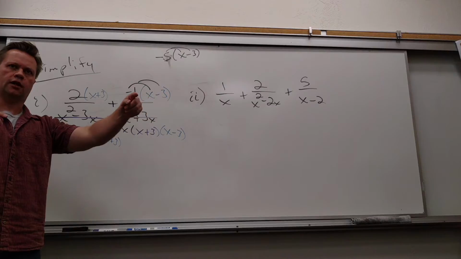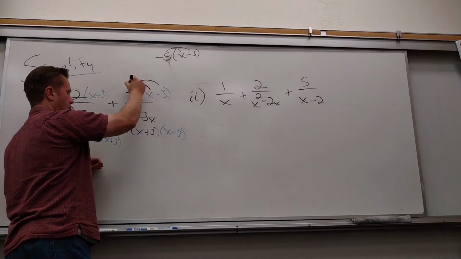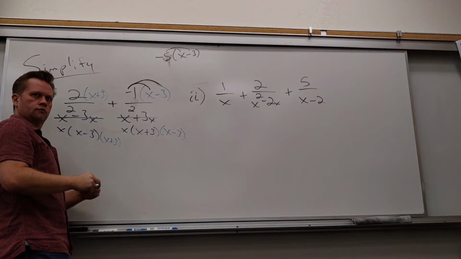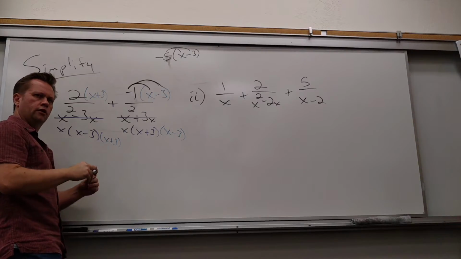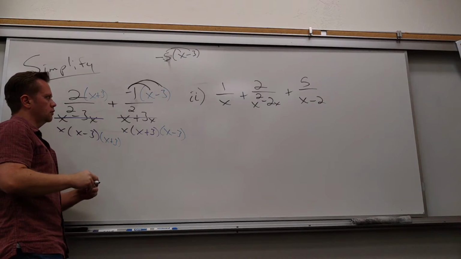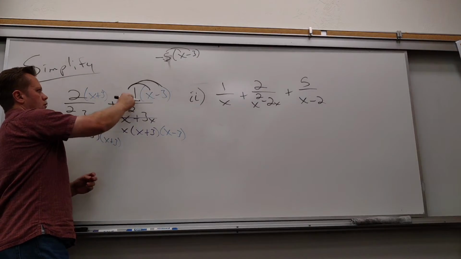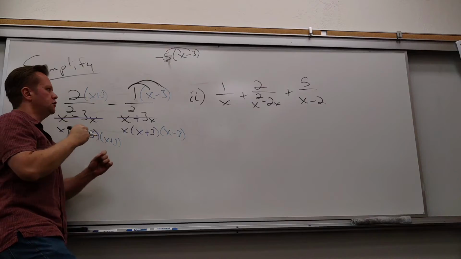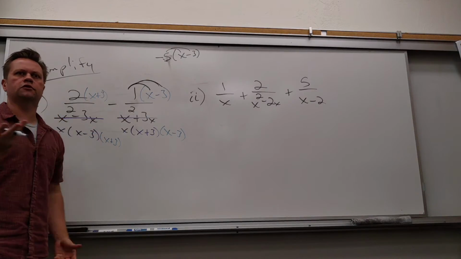Now I'm going to distribute the negative to both of these. Wouldn't you first, when you change the sign, change all the signs of the top? When you're changing the signs, you're only changing the signs of the one. You're not changing the sign of the X or the negative. But I need you to see how those are the same thing.